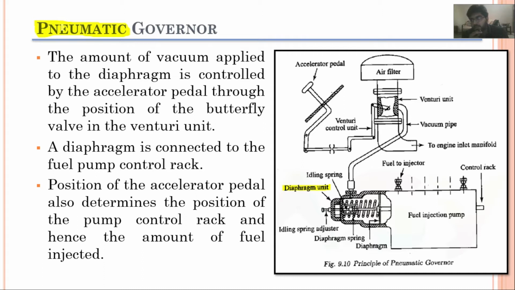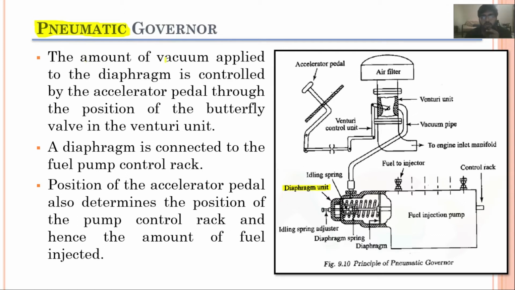So here in the pneumatic governors, air is operating the diaphragm compression, and when the diaphragm comes back to its original position, this is what the air is controlling.